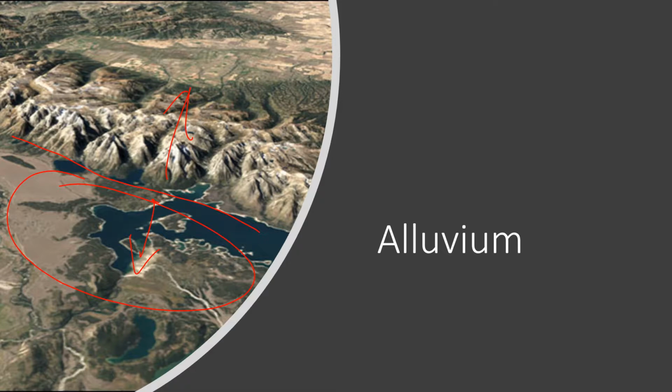It's called alluvium, and alluvium can create very fertile soil. Eventually, after many thousands of years, that alluvium can form sedimentary rock, like sandstone.